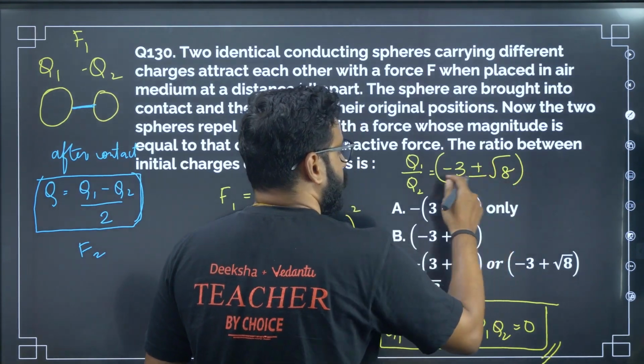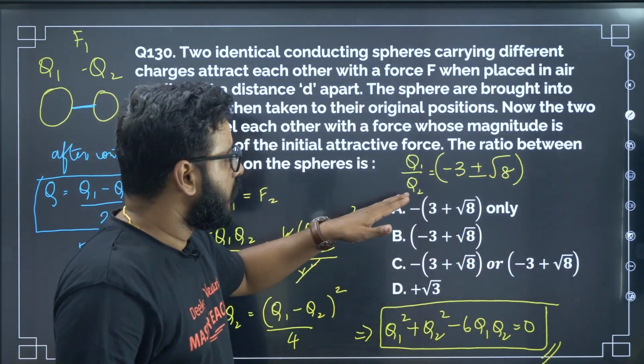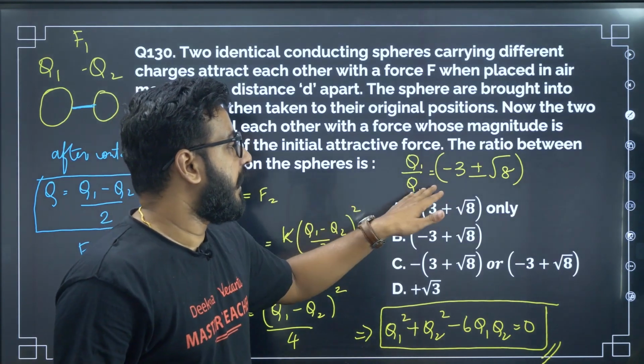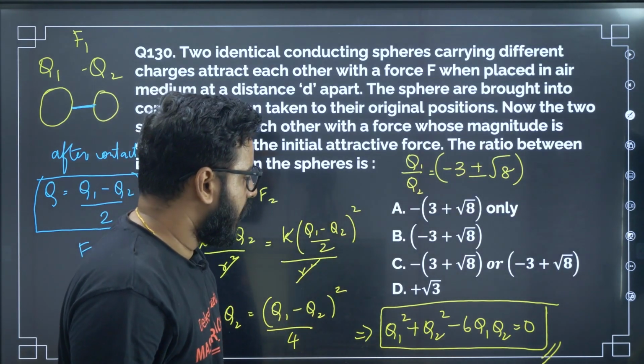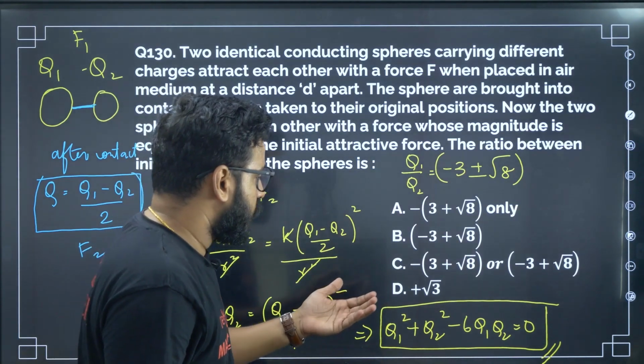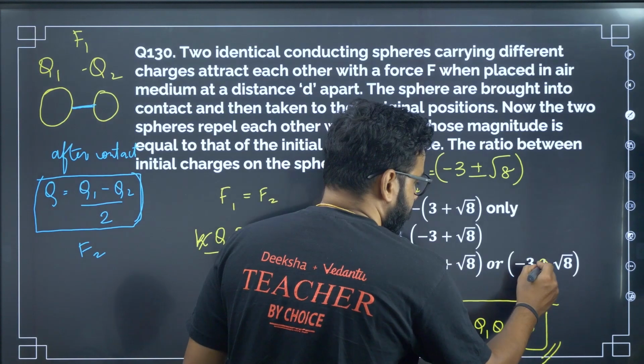Okay, so you can definitely try this out yourself, Q1 by Q2 formula. Okay, yes. So the correct answer over here is option C. There is a slight correction. This is minus, this is not plus.